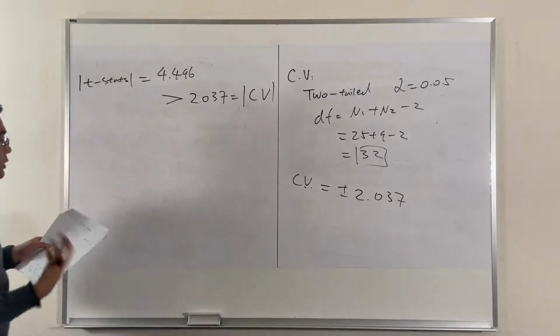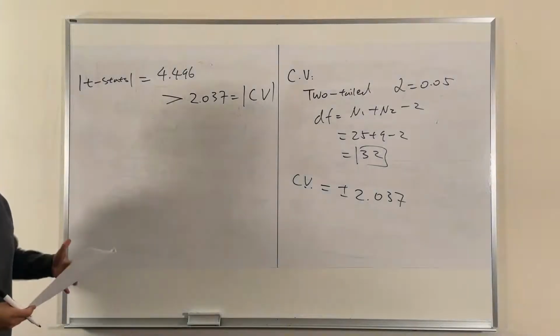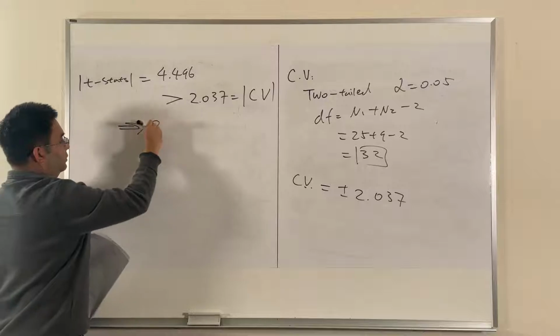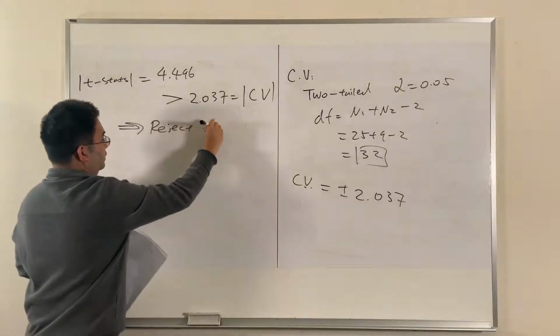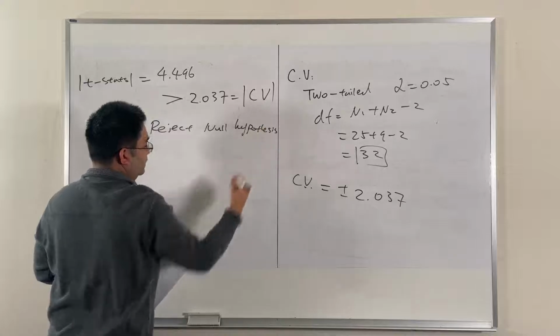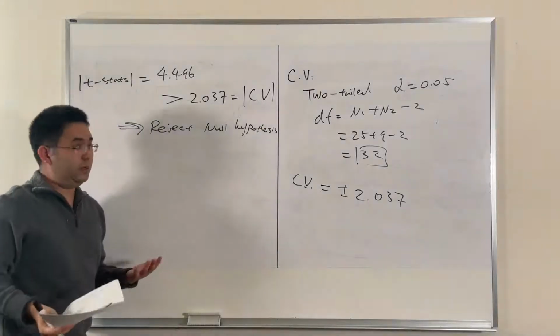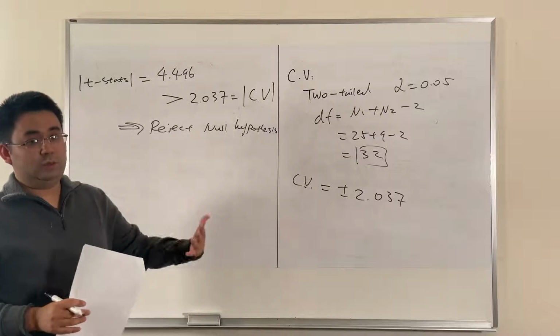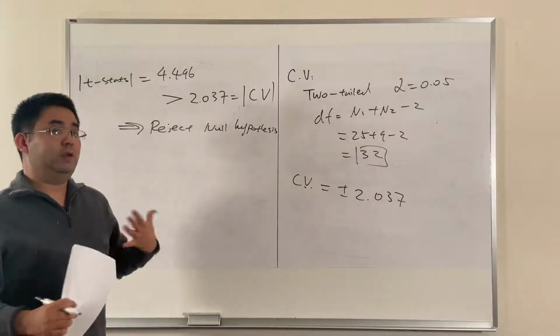Since the test statistic is greater than the critical value, we reject the null hypothesis. The null hypothesis is the no-difference hypothesis, so under it the male and female reading speeds are the same.